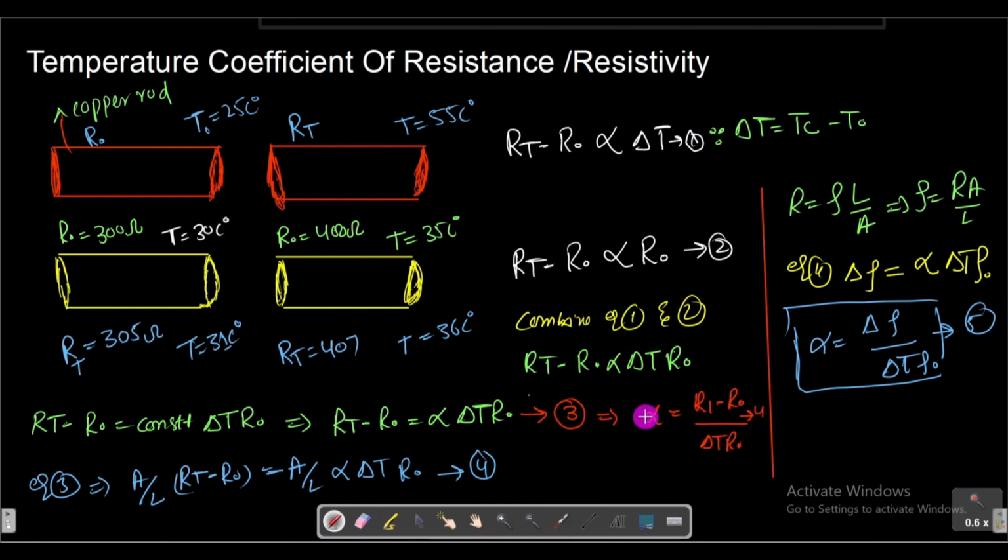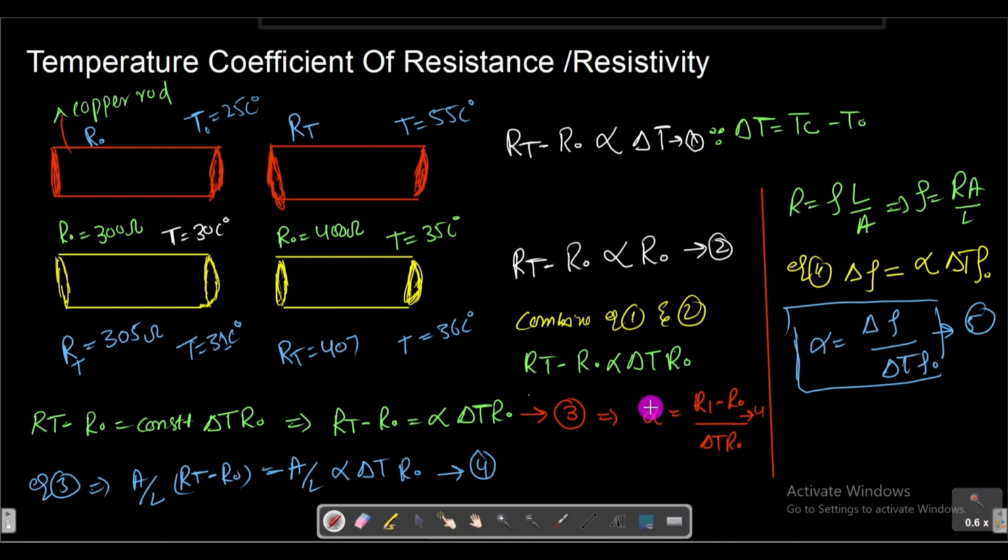Similarly, the temperature coefficient of resistance is defined as the change in resistance per degree rise in temperature per the original resistance, because the change in resistance depends upon the change in temperature, and it also depends upon the original resistance as well.